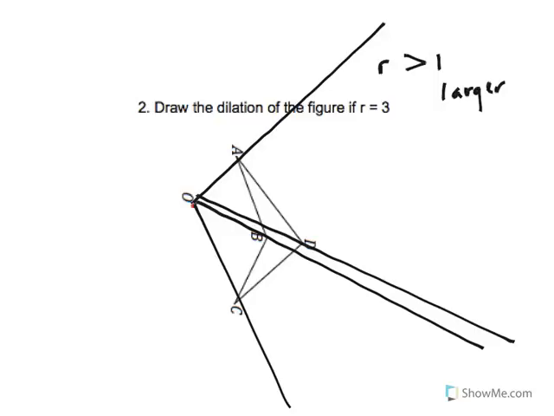Okay. So now, remember, we want to measure the distance from the center to the first point. And the distance from O to A is about 2 1/4 centimeters.